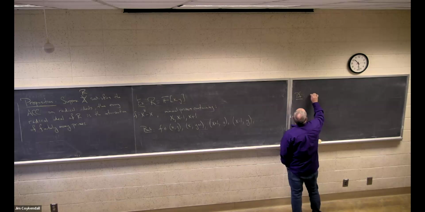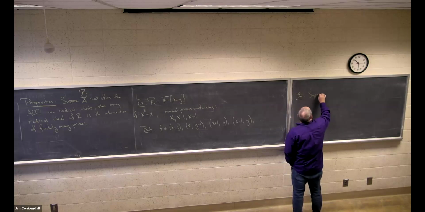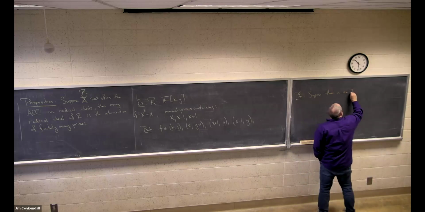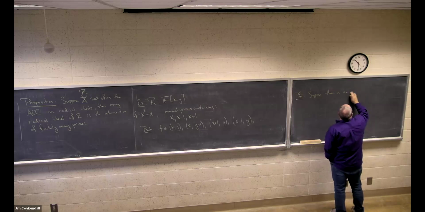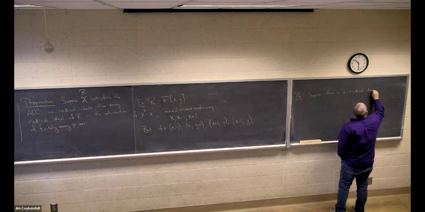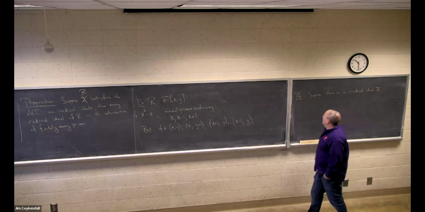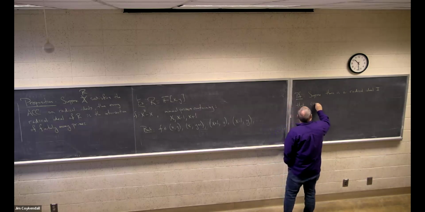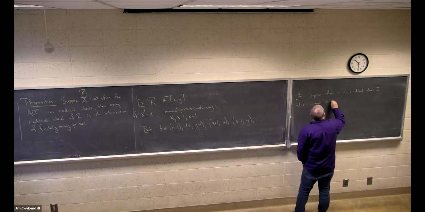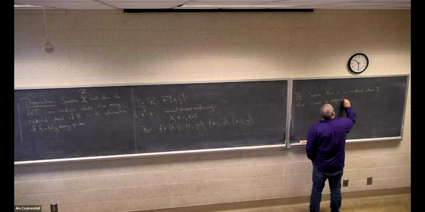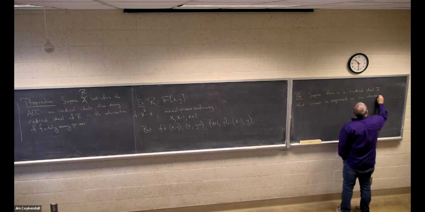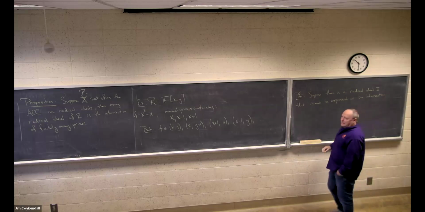Suppose there is a radical ideal that cannot be expressed as an intersection of finitely many primes.